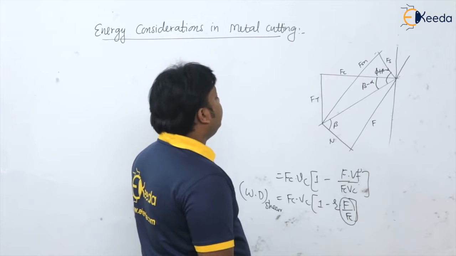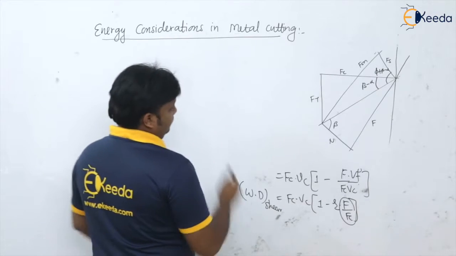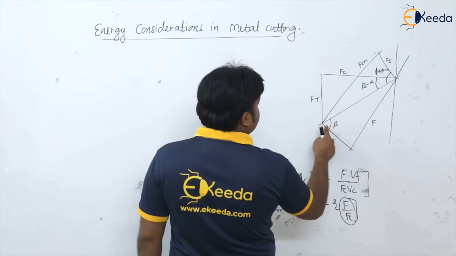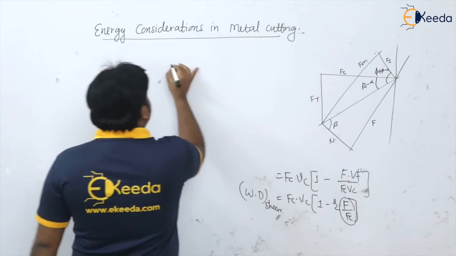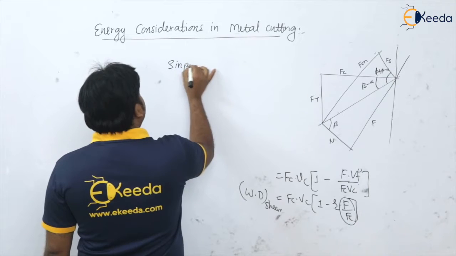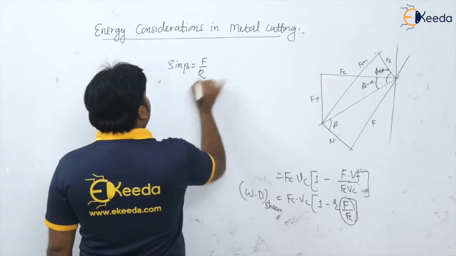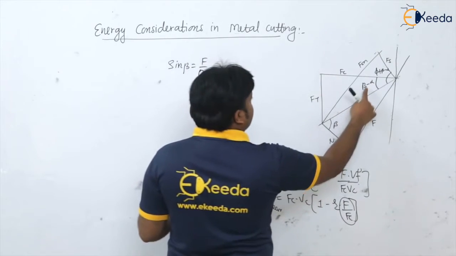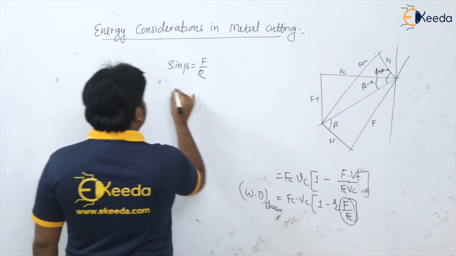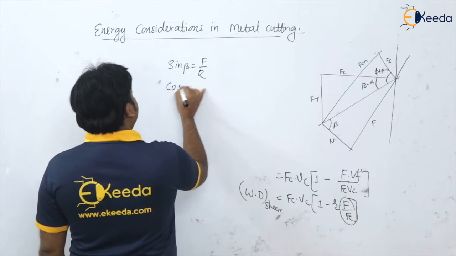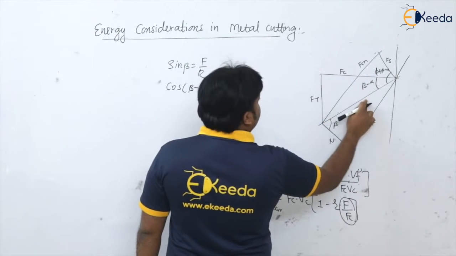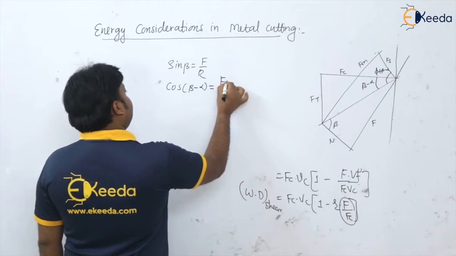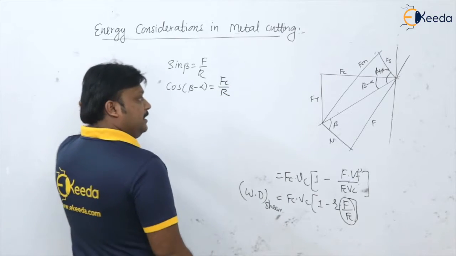So what can we write? Say sine beta is equal to F divided by R, and you can write cos of beta minus alpha is equal to Fc divided by R, isn't it?